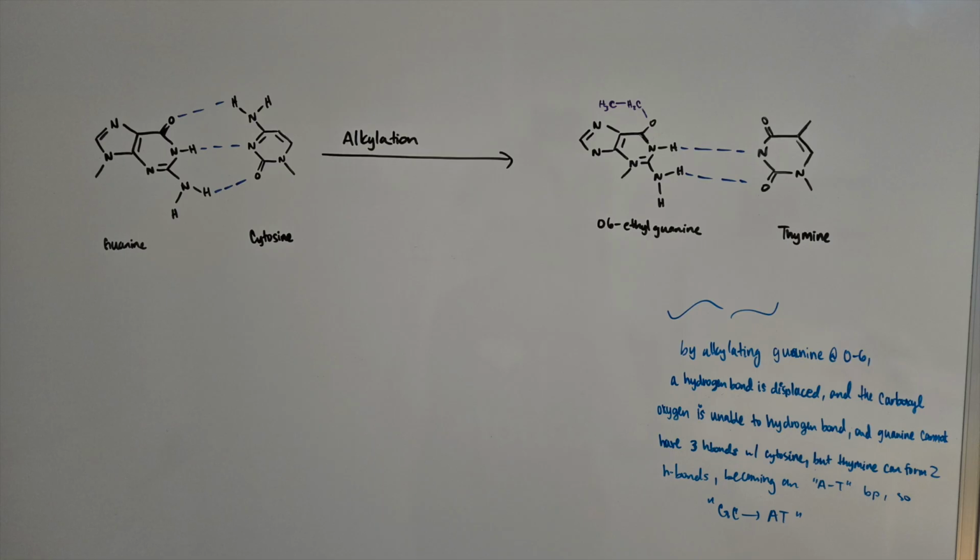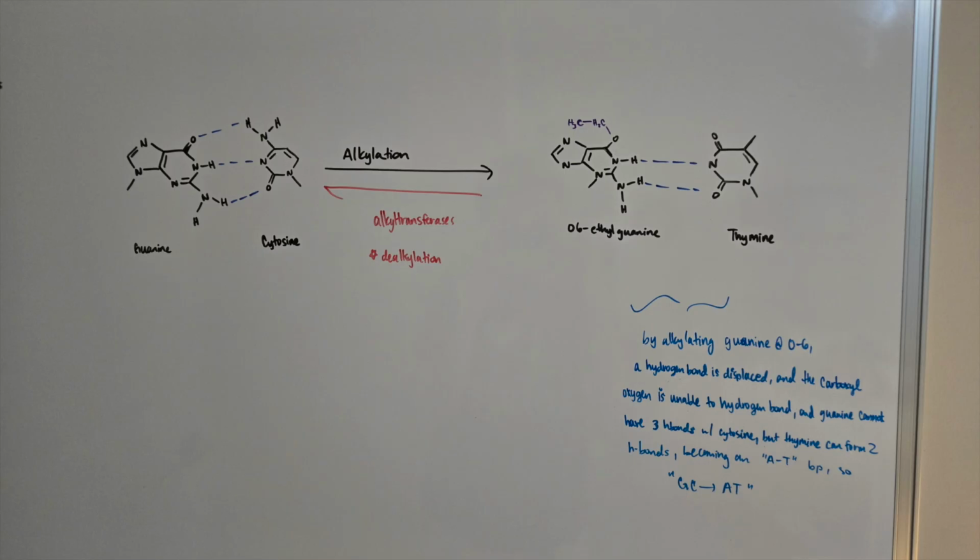The hydrogen bond was displaced, the carbonyl oxygen cannot hydrogen bond, and guanine cannot do the three bonds with cytosine. So at this point, you basically become a quote unquote AT pairing. You go from a guanine-cytosine to adenine-thymine, even though your adenine is not adenine, it's ethyl guanine, but because they form two hydrogen bonds.